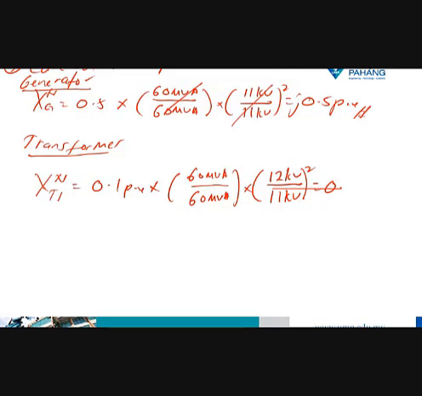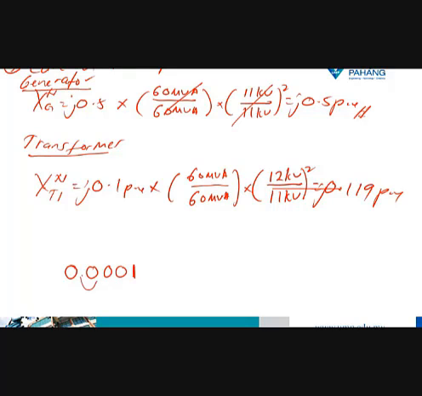That gives 0.119 per unit, with a j in front, because this is inductive reactance. Make sure, as engineering students, you maintain 4 decimal places, so the accuracy of your calculation must be to 4 decimal places.